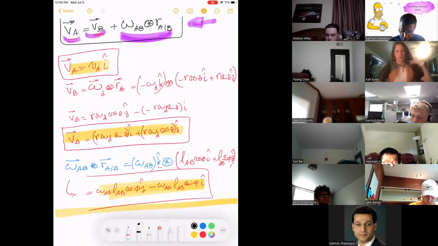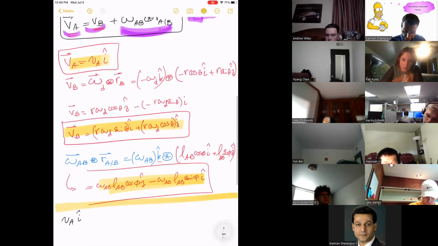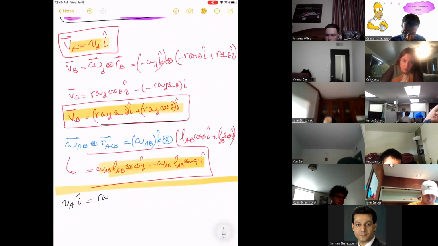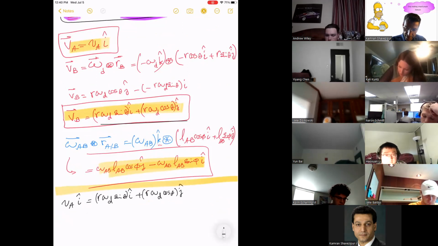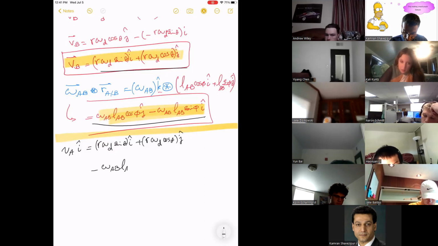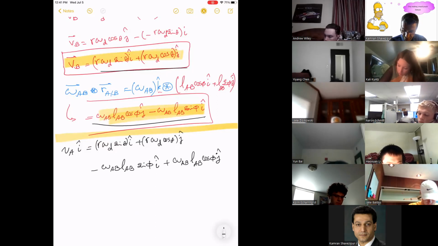On the left-hand side, we have VA, which is VA times I. On the right-hand side, we have VB, which is R omega D sine theta I plus R omega D cosine theta J. And I'm going to add the final term, omega AB cross RAB, which is this guy, minus omega AB LAB sine phi I plus omega AB LAB cosine phi J. I put I first, J second. Okay, this is my final equation.